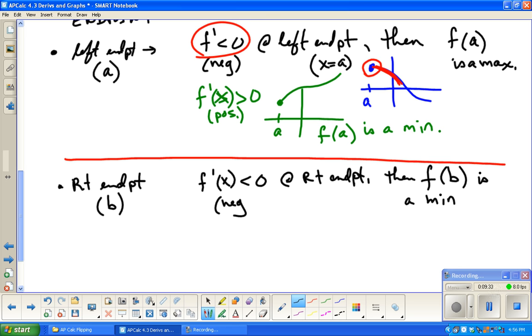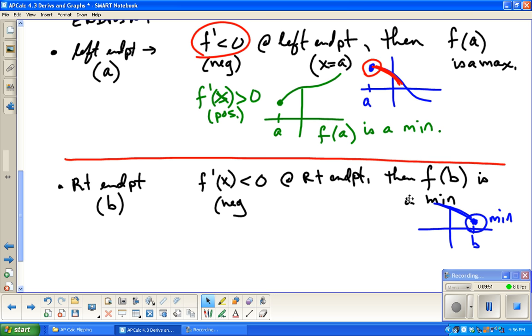Let's do a little sketch of that. At the right endpoint B, if the derivative is negative, so it's sloping down to it, then that guy's a minimum.